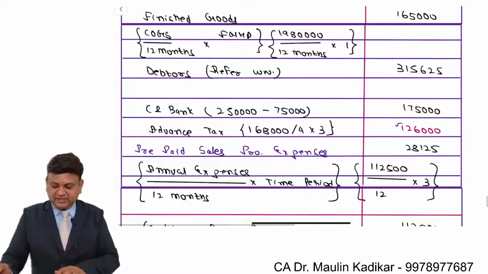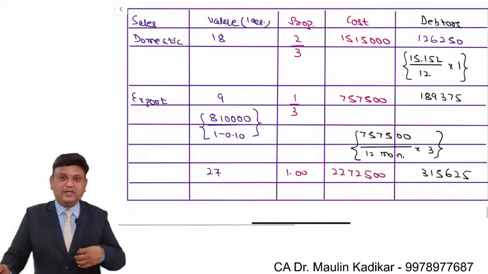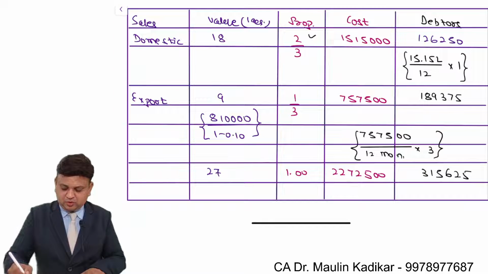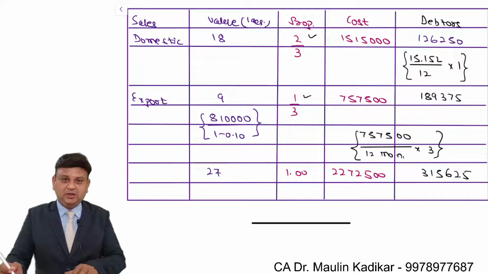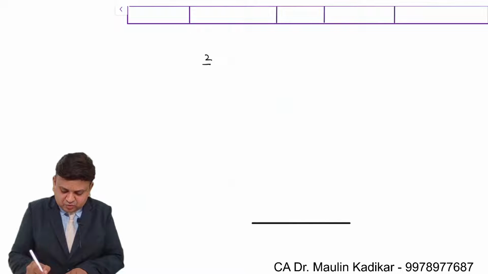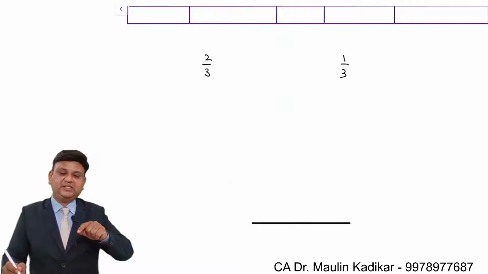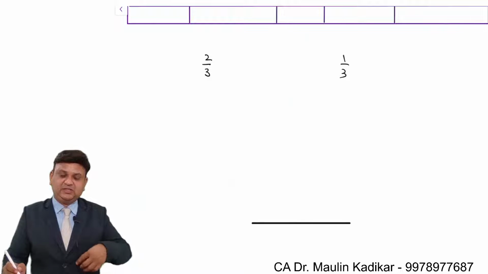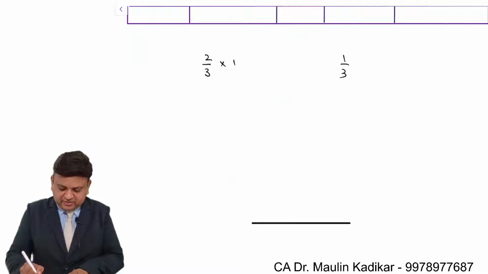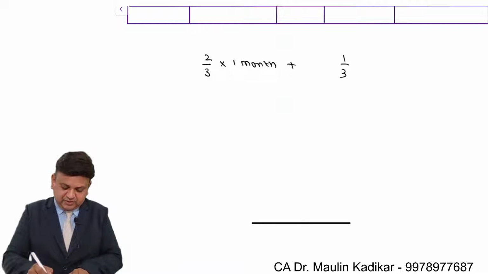One more clarification that I want to give you is this. Once you compute the proportion 2 by 3 and 1 by 3, you can also work like this. To domestic customers we offer a credit period of 1 month, and for export we offer a credit period of 3 months.